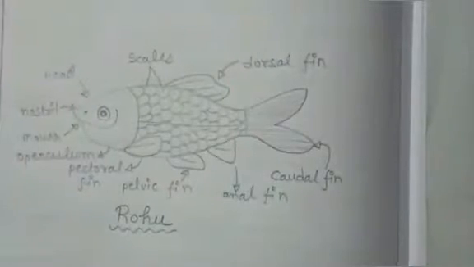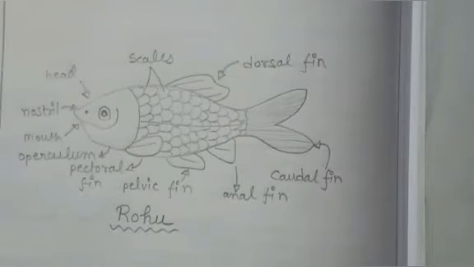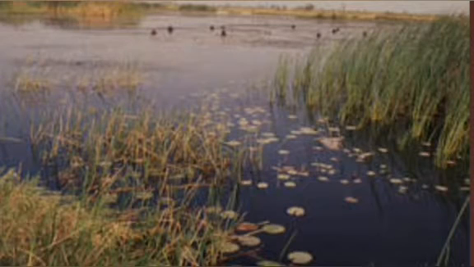The lateral line helps the fish to detect vibrations in the water. This is a protective mechanism and is extremely important for survival. All these features help the fish to adapt and live in water.